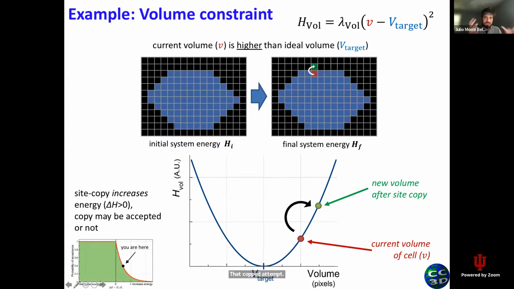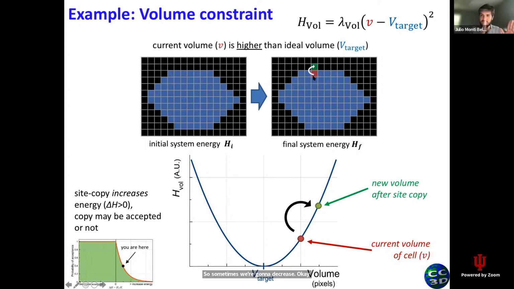During your simulation, the cells will be having forces from all the neighbors. A lot of things will be going on. The cell may find itself transiently in a situation where it has a higher volume than it should. Maybe the cell is being pulled on the outside, so it's being stretched, and this force continues, so you're moving the cell to have higher and higher volume. Then the next copy attempt, which you always do randomly, sometimes decreases, sometimes increases.